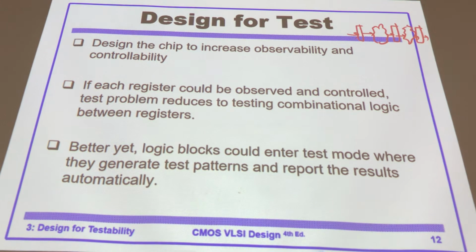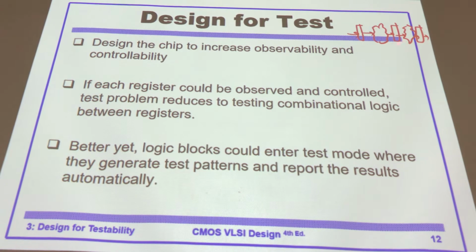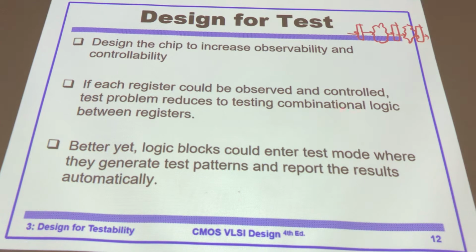And the reason why a sequential circuit is difficult to test is the flip-flop, the register. If we can observe and control this register, this flip-flop, then testing becomes easier because we only need to test the conventional circuit between different stages. It reduces to testing conventional logic between registers, right?